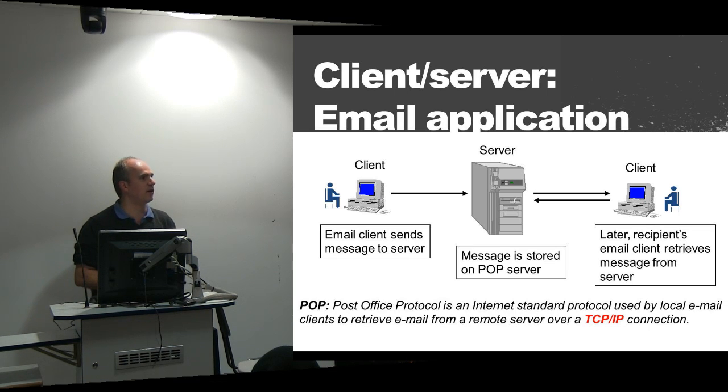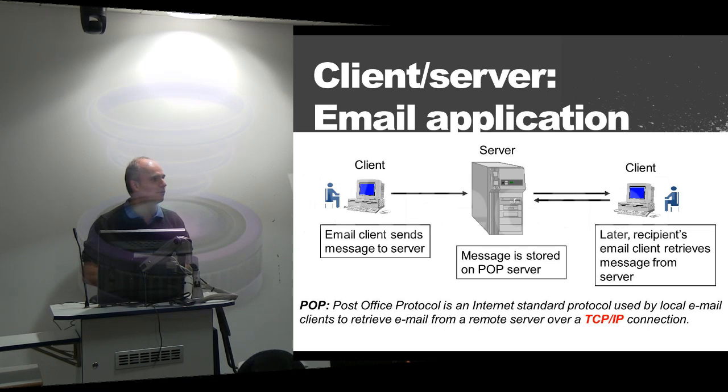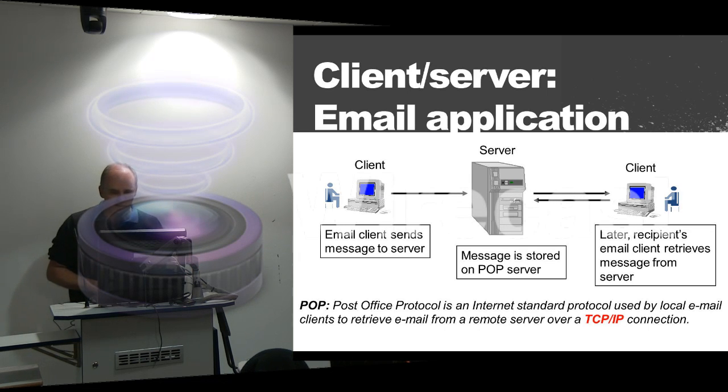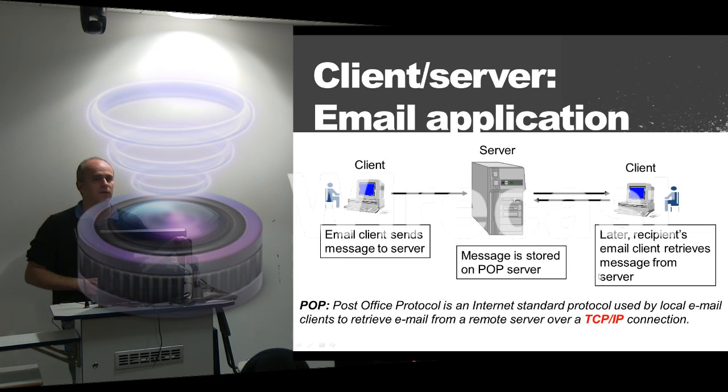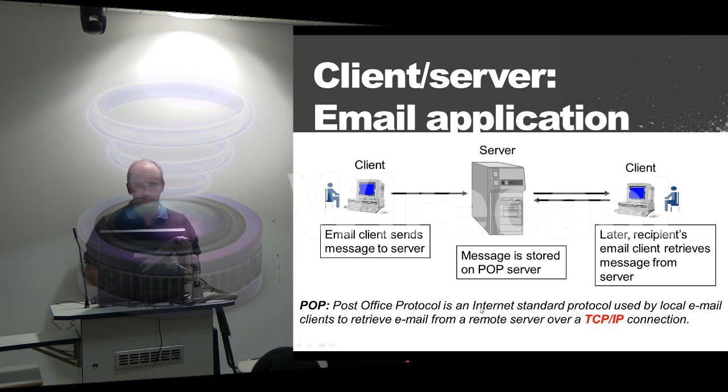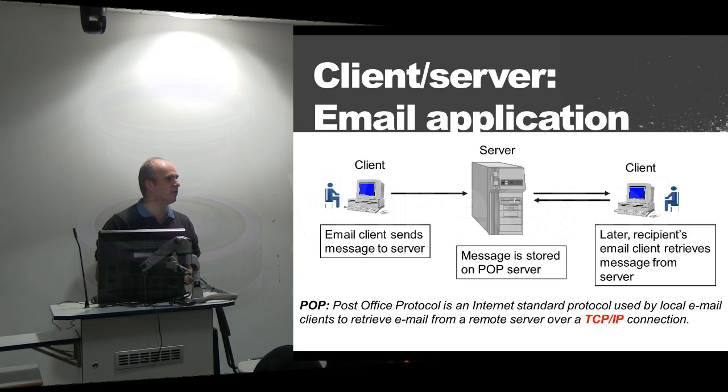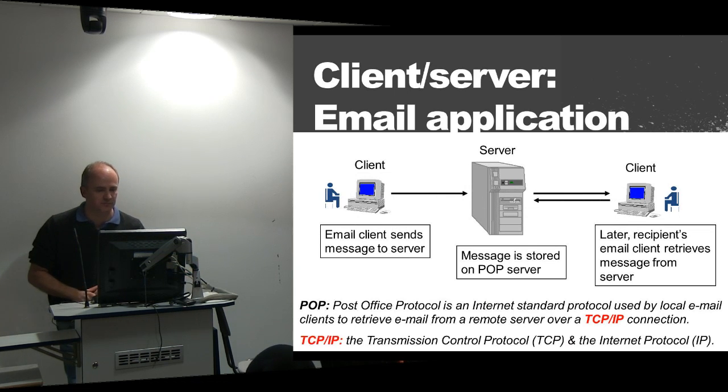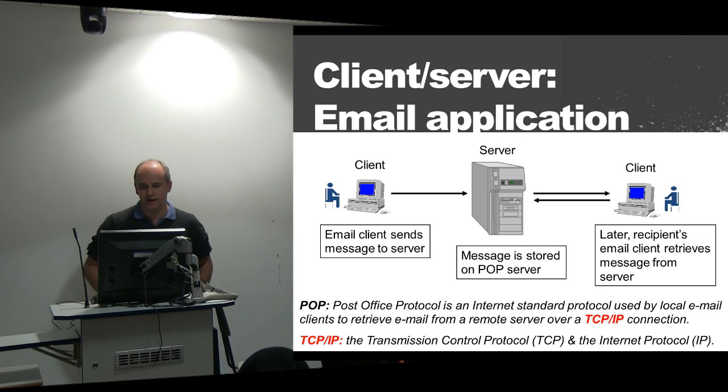So most of you are using a POP3 server for exchanging emails. And this communication is done through a connection which is called TCP/IP. Yeah, you may have heard of that. And TCP/IP stands for Transmission Control Protocol and Internet Protocol. So that's the basic model which is used on the internet for communications.